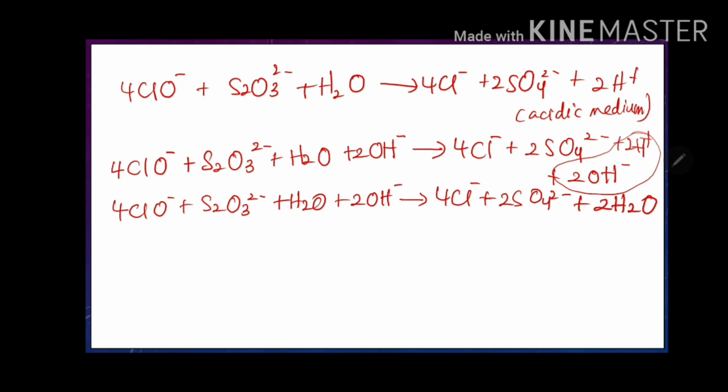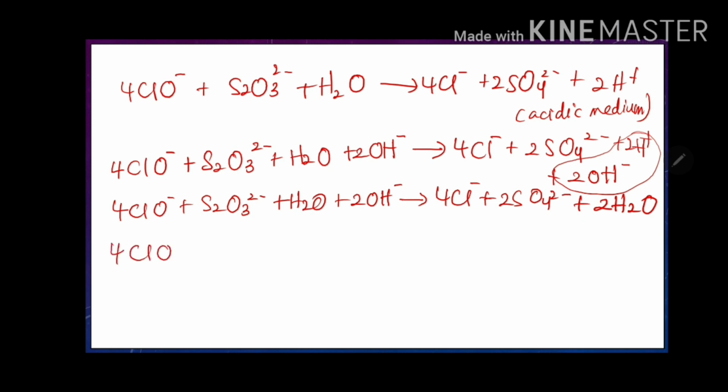So the last step is again to simplify the equation. For species that are the same, you can cancel out. Like this one, H2O, you can see one H2O here and two H2O here. So move H2O to the right side.